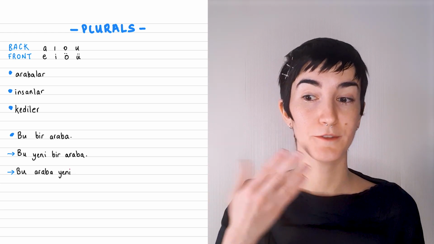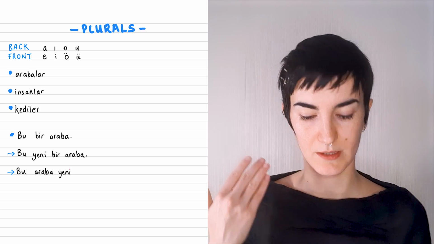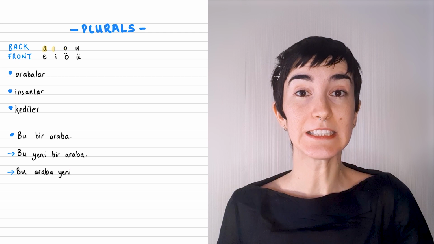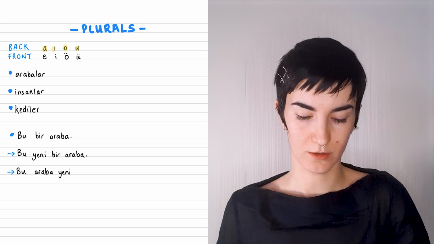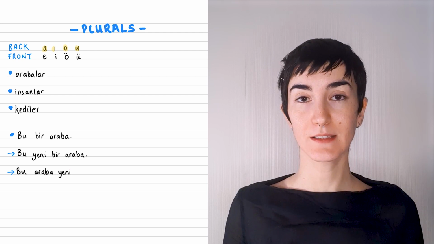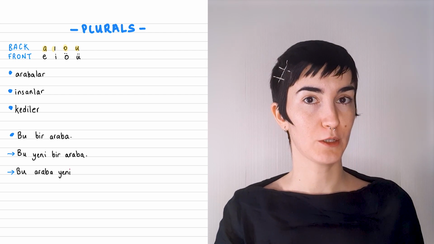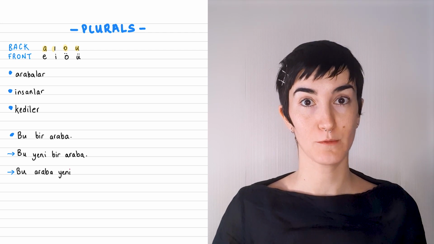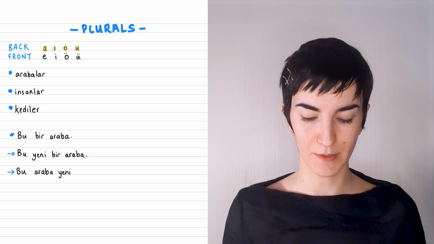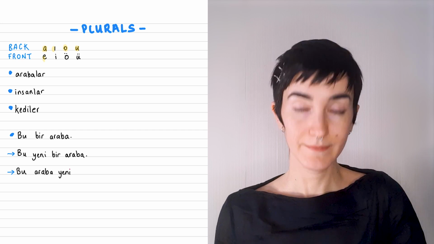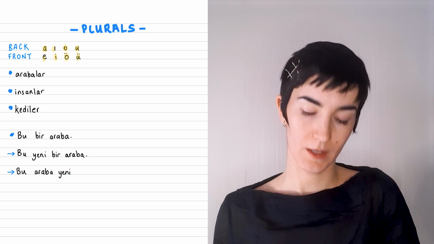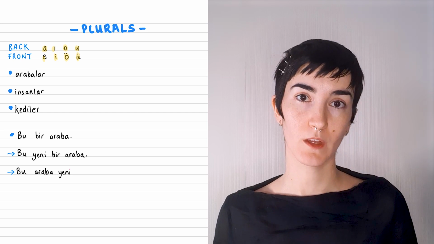Your tongue kind of sits at the back when you pronounce these sounds, and these are a, ı, o, and u. And if you compare these with their front vowel equivalent, you will notice that the front vowels are the ones that we pronounce at the front of our mouth with our tongues towards the front of our mouth. So these are e, i, ö, and ü.